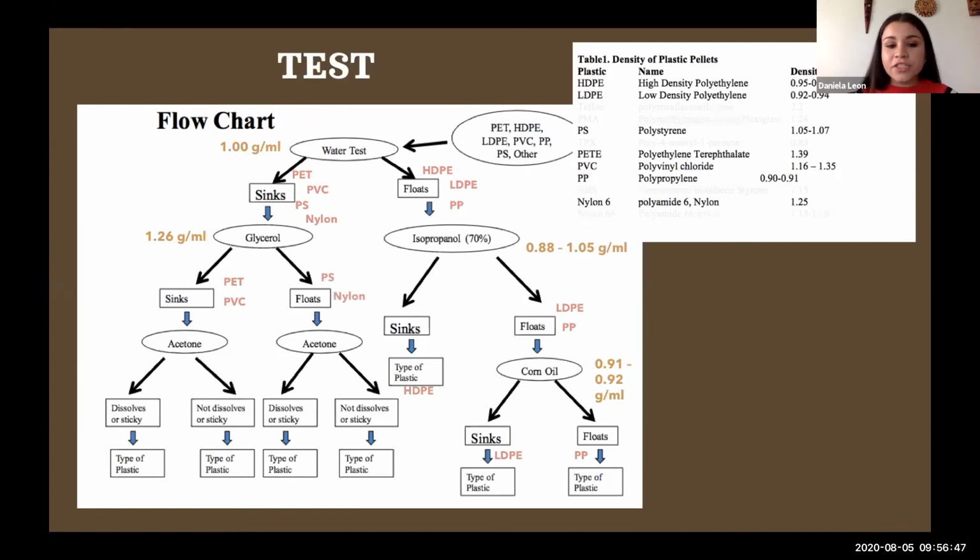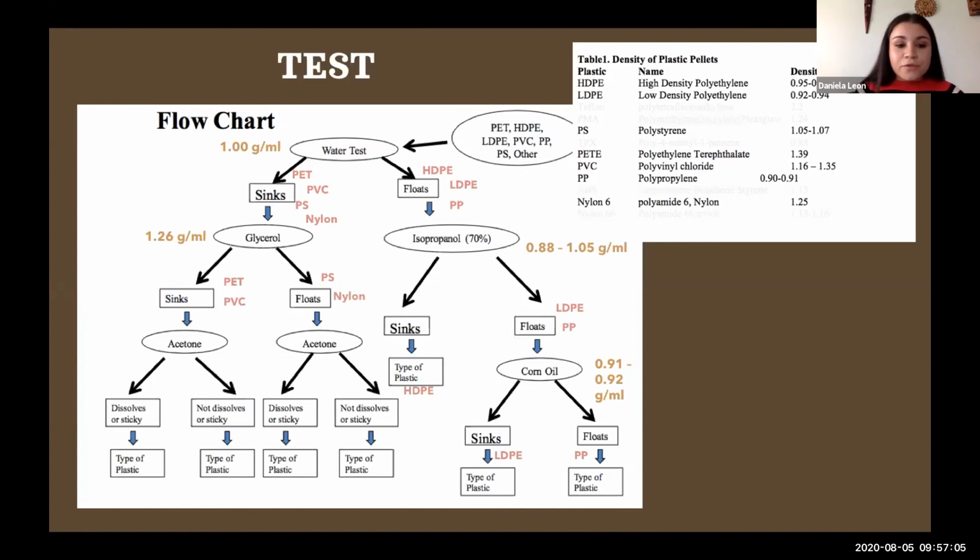Here we have reached the part where we're going to take into account the chemical properties of these plastics. As I previously mentioned, we're going to address solubility by performing the acetone test. This will show us if a plastic dissolves or doesn't dissolve.